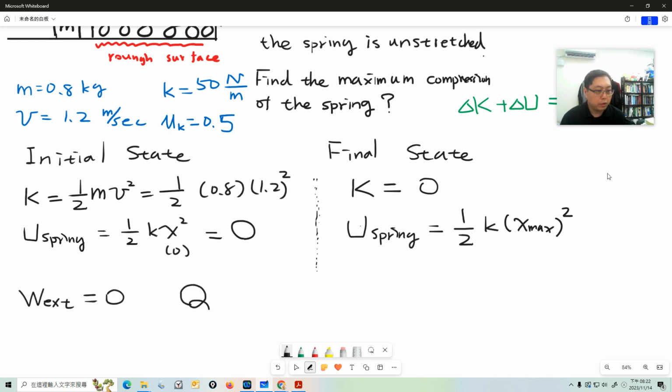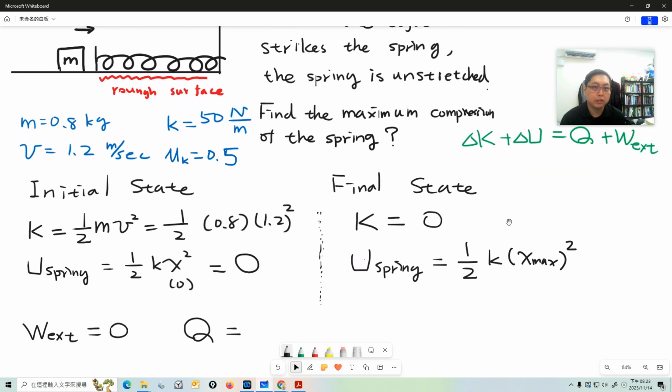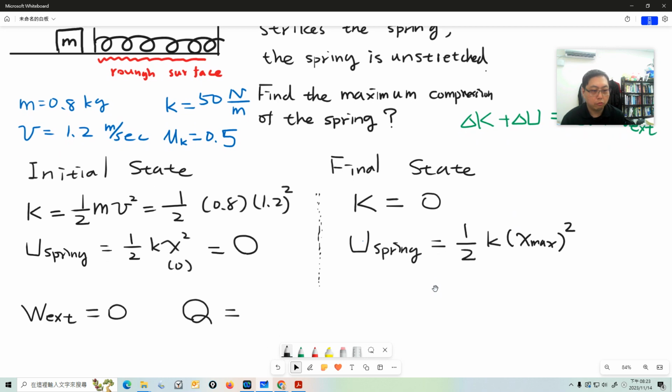And for Q, in this problem we have friction. The friction generates heat, released from inside to outside, so it will be negative. The heat released is negative, and it equals the friction force times the distance.